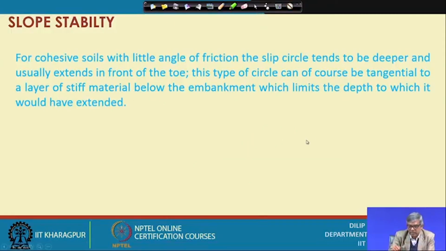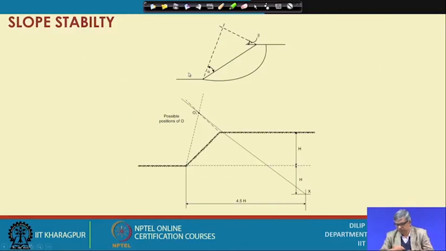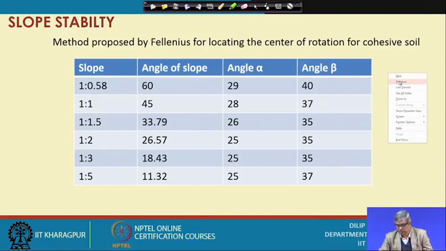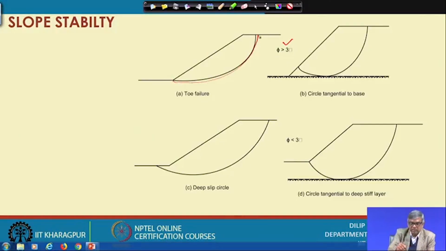You can see here, this is the normal case. This figure does not look exactly circular, but anyway, this side it is extended. So, normally you can see, if phi is greater than 3 degrees and beta greater than 53 degrees, then it will pass through the toe and go like this.